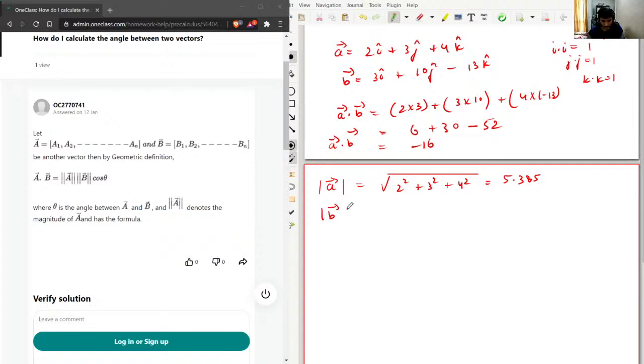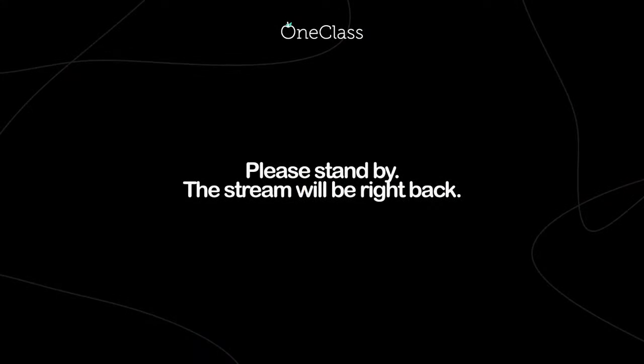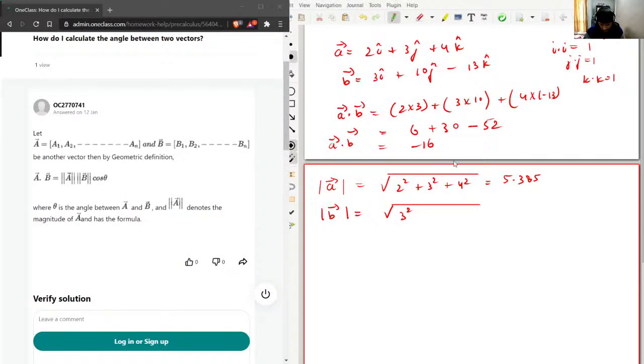And then we have the second one, which is b, and that will be 3 square plus 10 square, and minus 13 square will be positive only, doesn't matter.